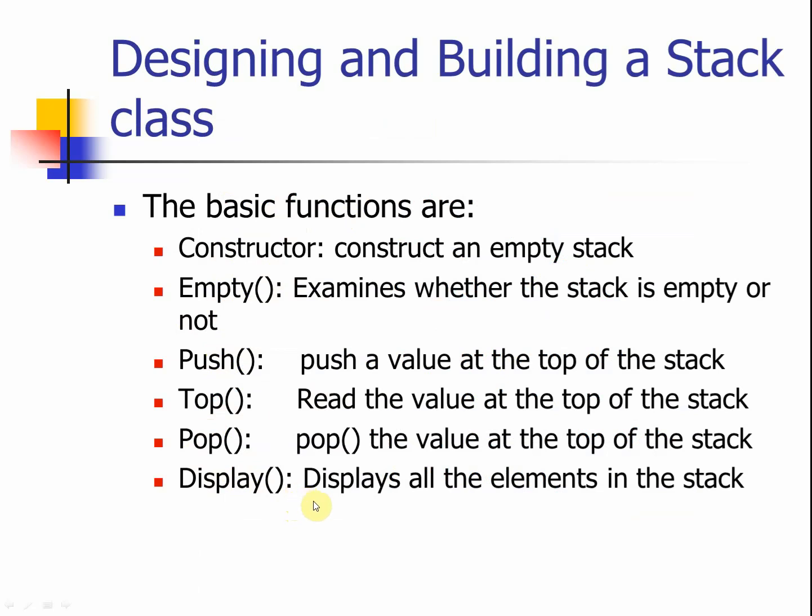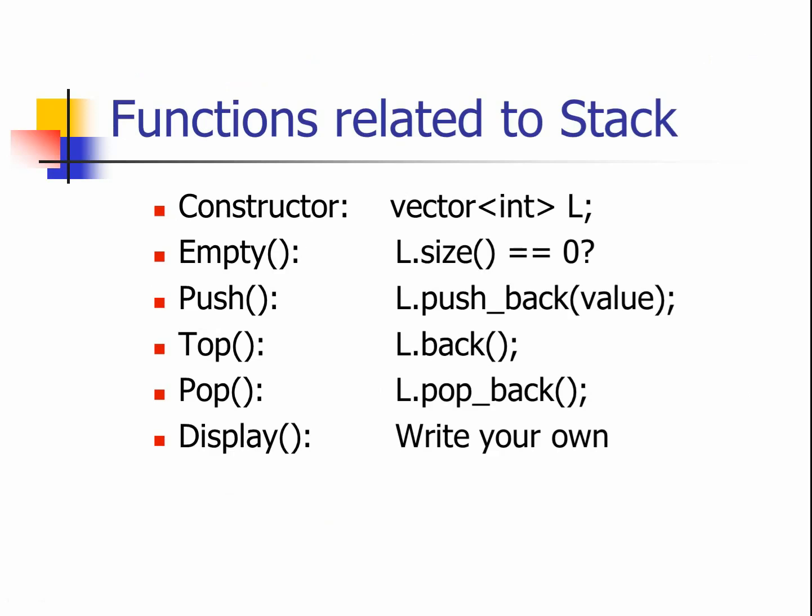Corresponding to the vector implementation, surprisingly, it is super easy. Every single stack function needs only one vector function call, and you will be able to implement the corresponding stack functions. Let's start with the constructor. This is how we will be able to call a vector. To construct a vector space, you simply type in vector using this special bracket and define your data type.